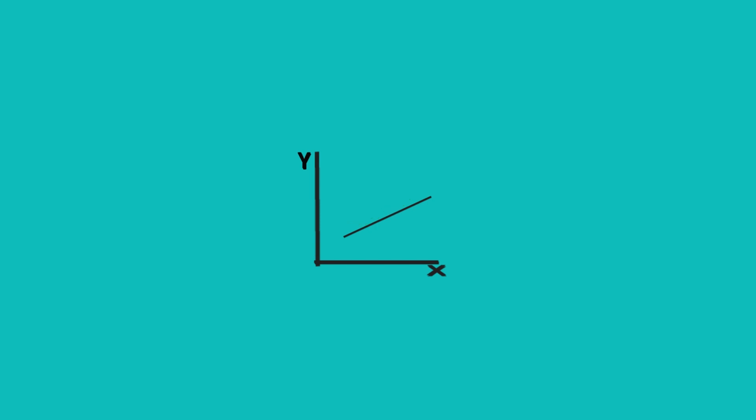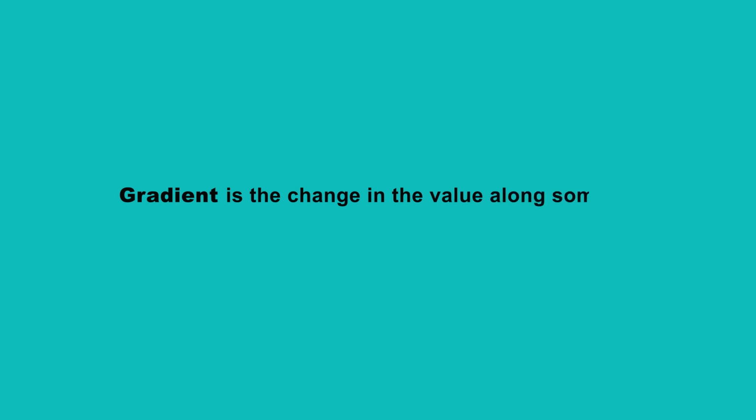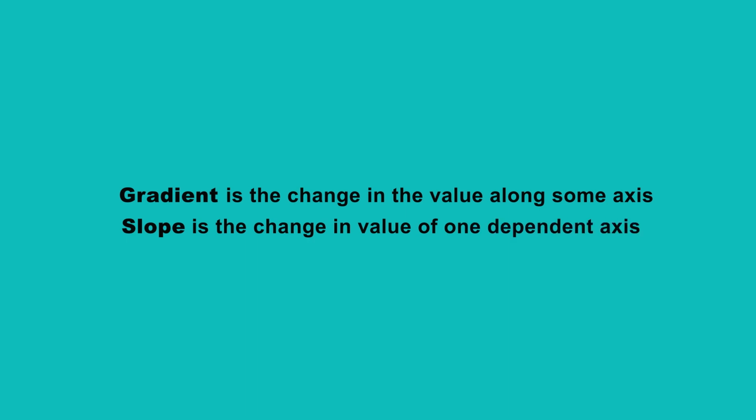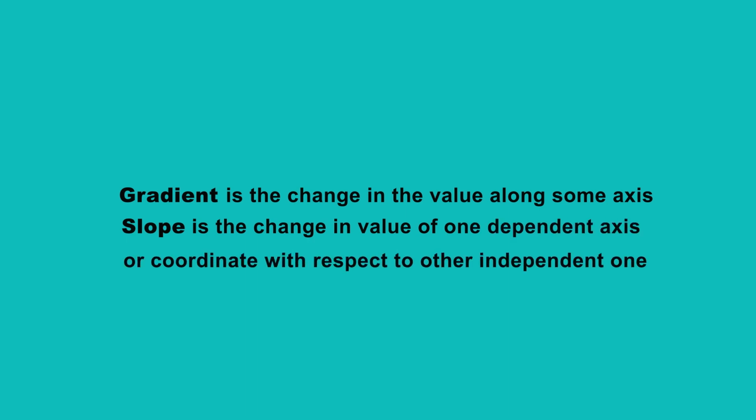So, in summary, gradient is the change in the value along some axis, and slope is the change in value of one dependent axis or coordinate with respect to the independent one. Slope is equal to delta y over delta x or delta z over delta x.